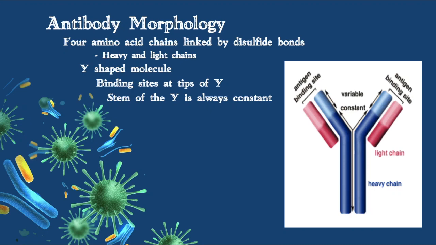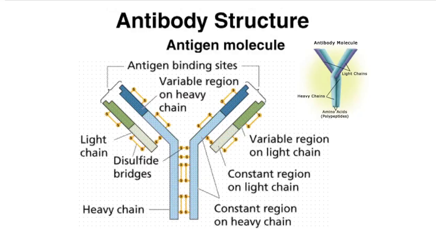And you can also see the constant versus the variable. The variable regions on both the heavy and light chain is where you're going to bond to the antigen or the pathogen.